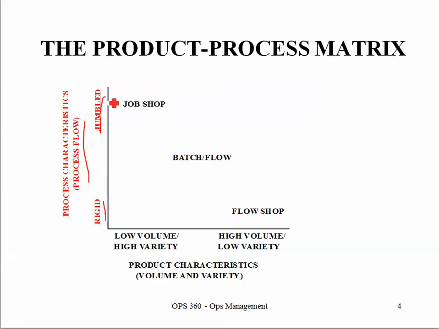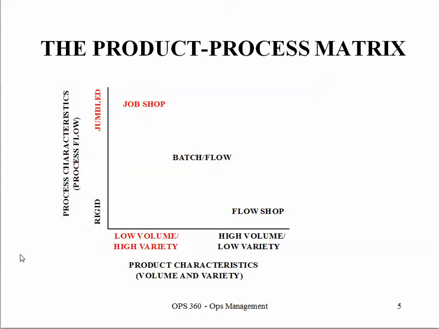You might have another part which has a completely different sequence of operations. So in that sense, it would be a more jumbled process flow if you looked at the sequences for all of operations for all the different parts that you manufactured and overlaid them on each other. You get a very jumbled flow, whereas here in the operation with a rigid process flow, all of the products are going to be flowing through the same sequence of steps of operation. Okay?